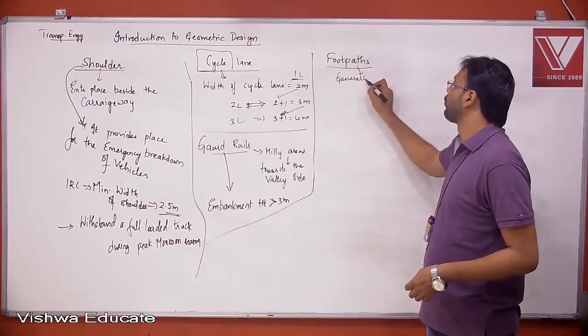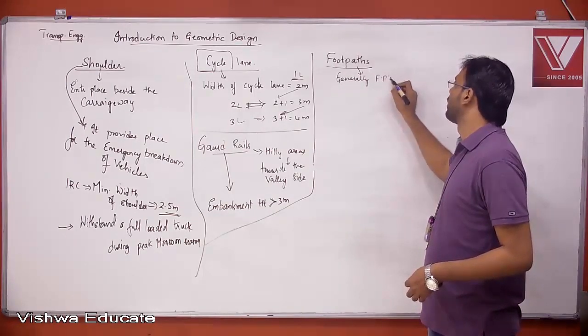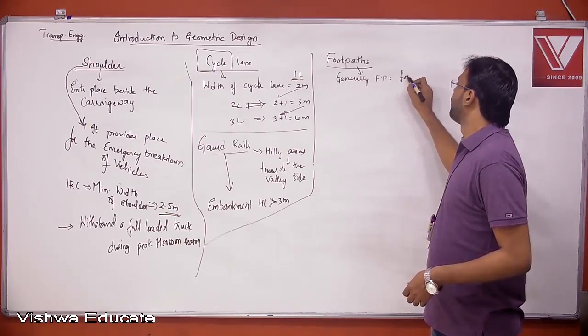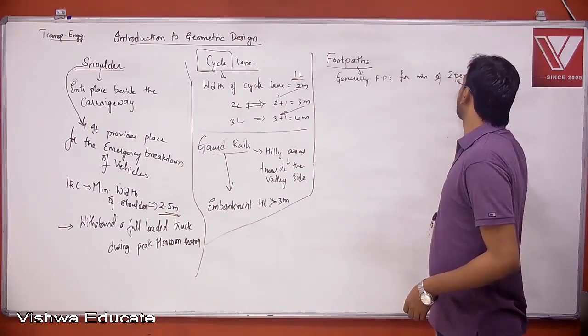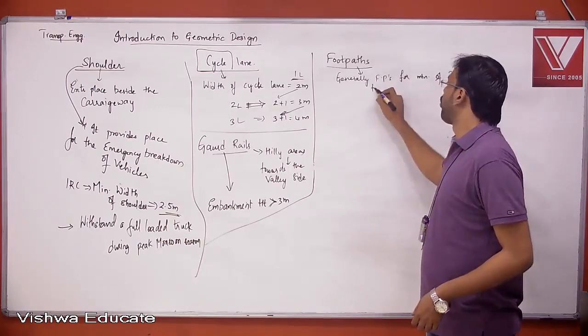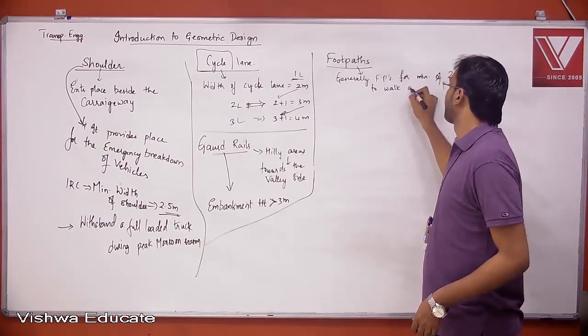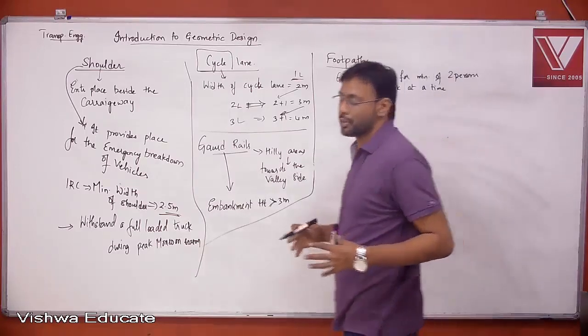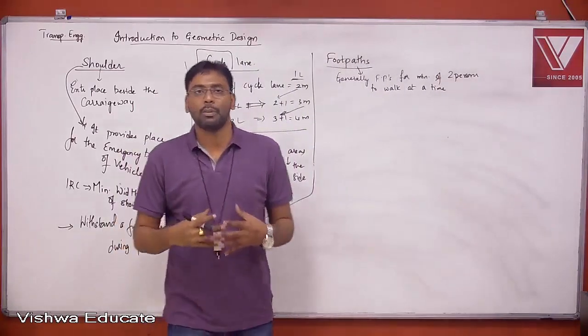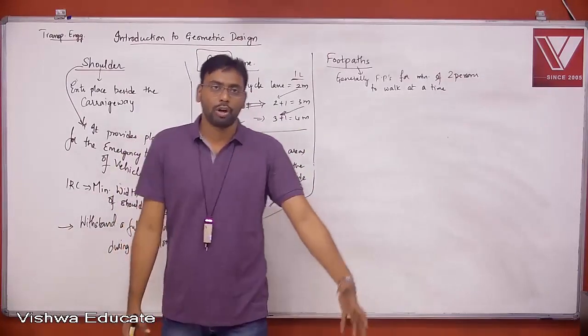Generally, footpaths are designed for a minimum of 2 persons to walk at a time.